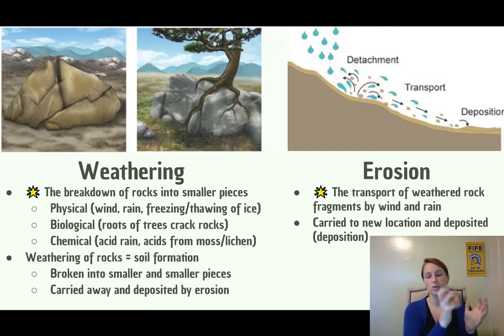And this is going to carry it to a new location and deposit it. So if you look here, imagine that a lot of these little pieces had been weathered down from rocks. Now you're going to have rain come in, it's going to transport it, and this is where we're going to see kind of this new deposition of this weathered rock as it's going to be part of the soil.